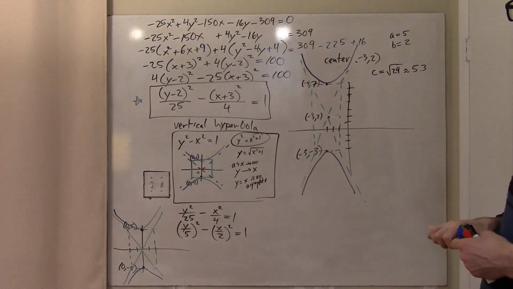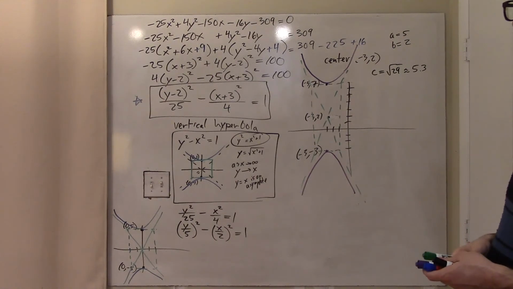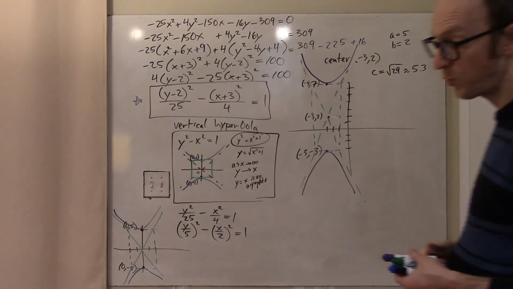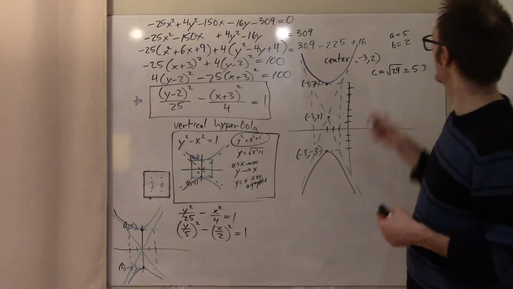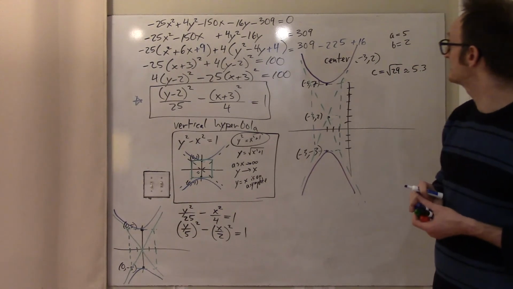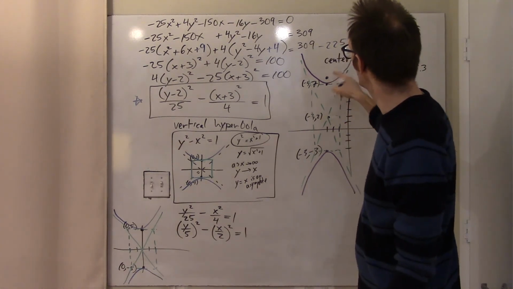Okay, and now what's left? Where are the foci? The foci are going to be quite close to the vertices because A is 5, but C is only a little bit more than 5. So my focus is going to be here.